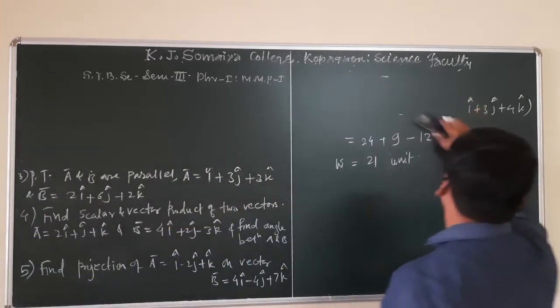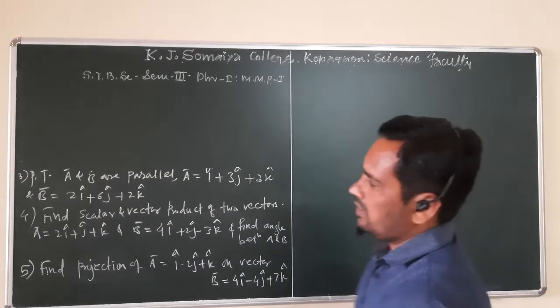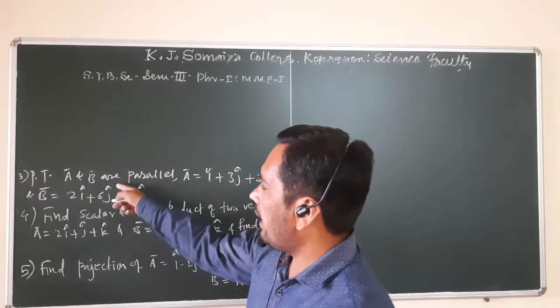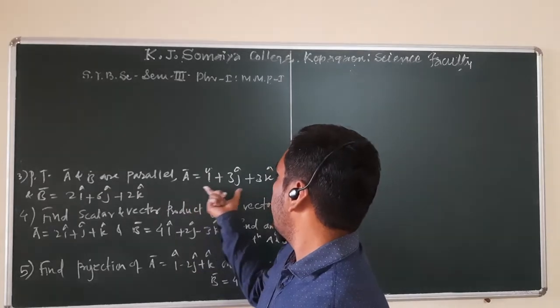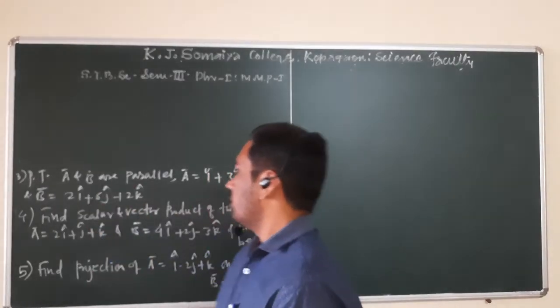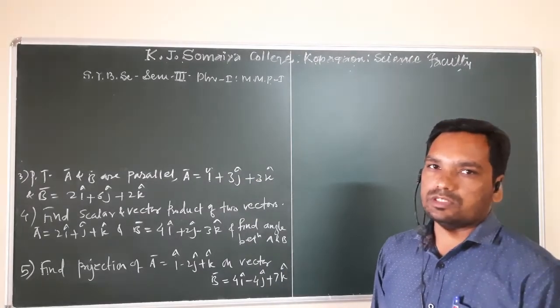Now we move to the third problem. Prove that vectors A and B are parallel to each other if vector A is like this and vector B is like this. We are using properties of dot product and cross product.